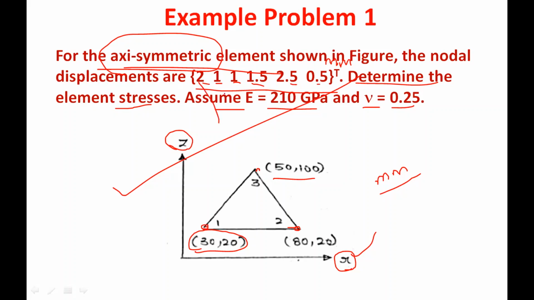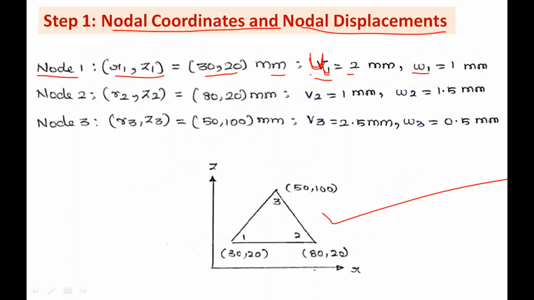Here 2 is U1, 1 is W1. This 1 is U2, 1.5 is W2. This is U3, this is W3, like that you have to consider. So U1 is 2 mm, W1 is 1 mm. U2 is 1 mm, W2 is 1.5 mm. U3 is 2.5 mm, W3 is 0.5 mm. These are the nodal displacements.